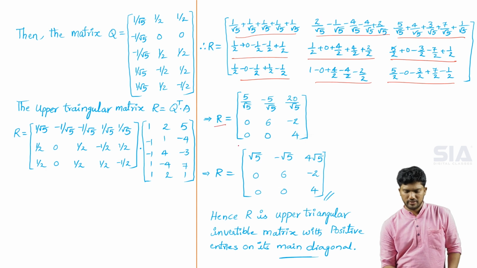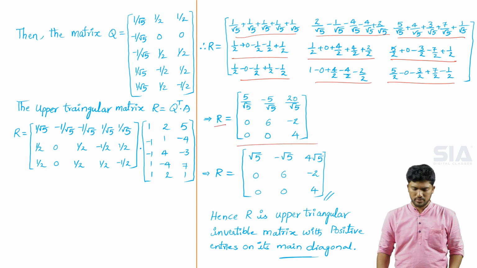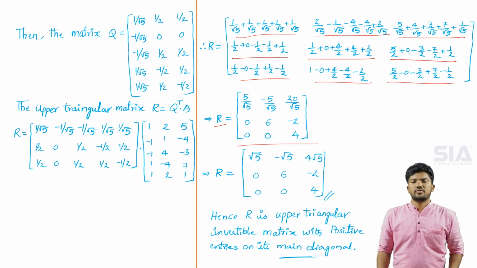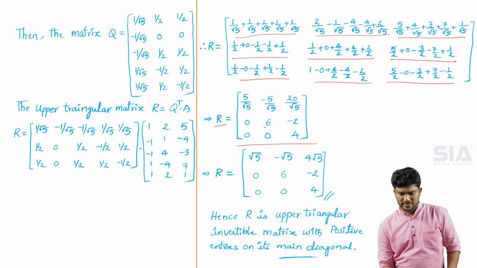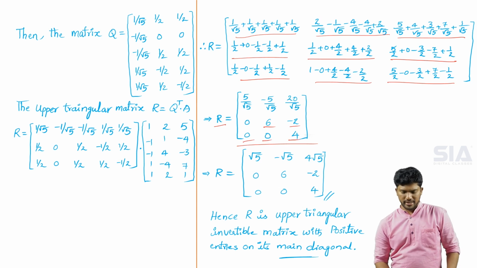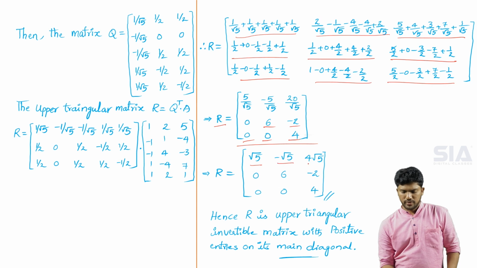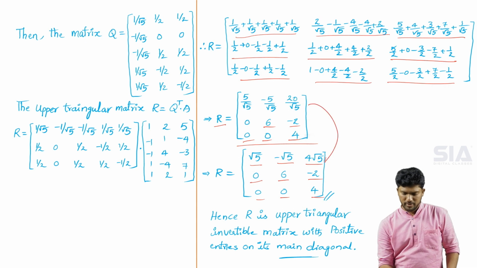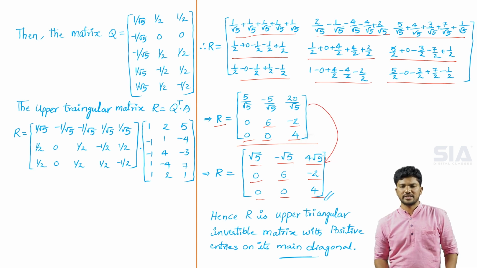After multiplying, you get capital R equal to root 5, minus root 5, 4 root 5; 0, 6, minus 2; 0, 0, 4. By simplifying, we get this matrix.